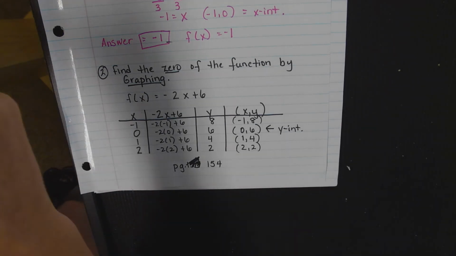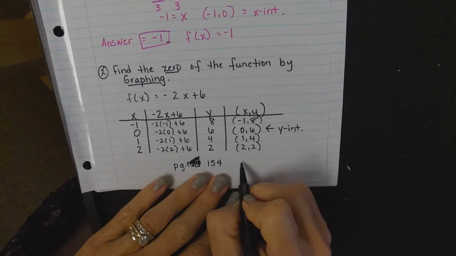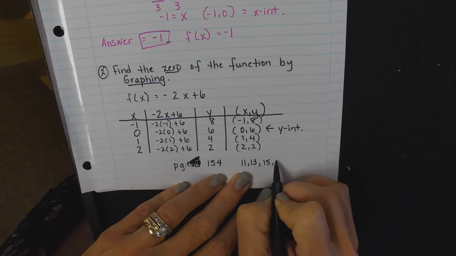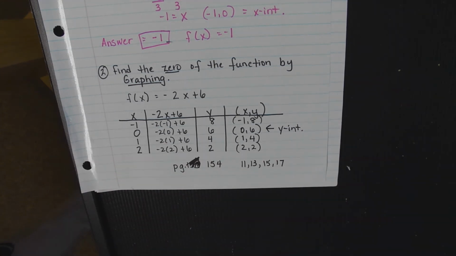Your classwork is 4 problems: 11, 13, 15, and 17. Is everybody there? Page 154. I need you to look at the directions, okay? For all 4 of these, the directions say as follows. Find the 0 of each function by graphing. Okay, that's what we just did. So I need to see 4 graphs.